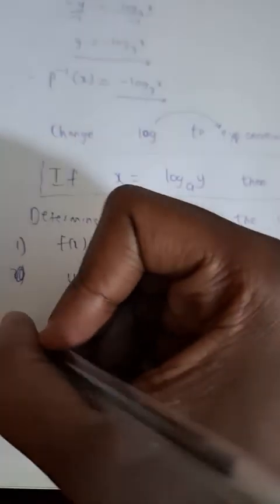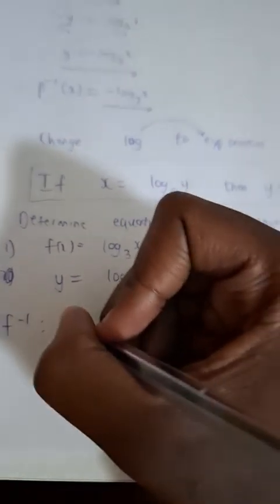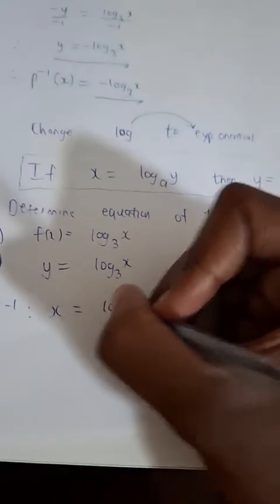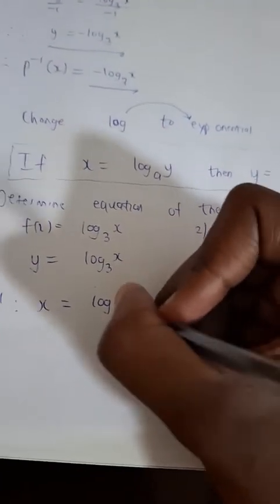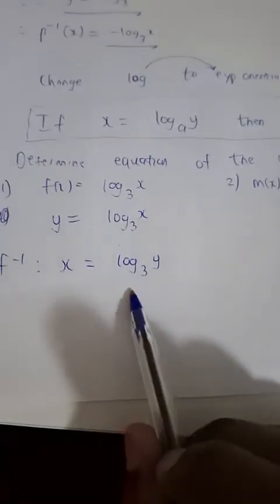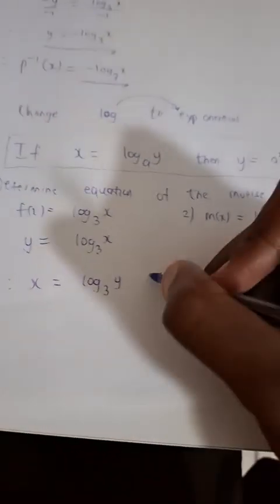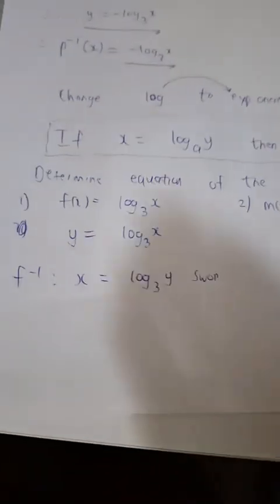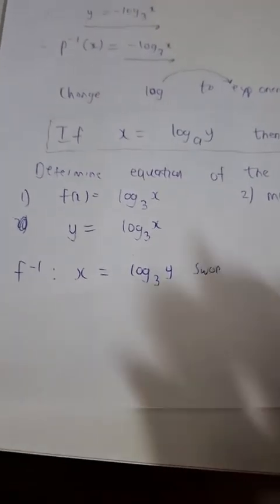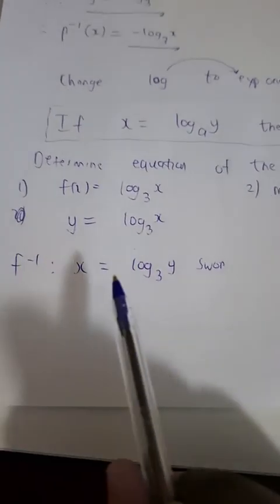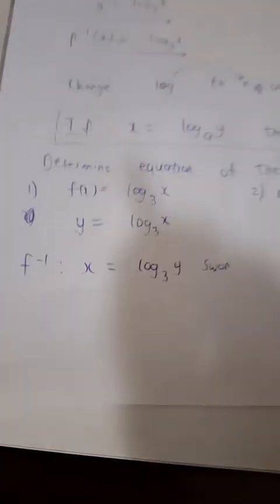Okay, for the inverse, x is equal to log y base 3. Y becomes x, x becomes y. So we still swap. Okay, and then we can now express this in exponential form.